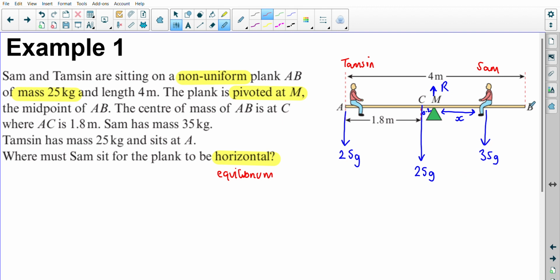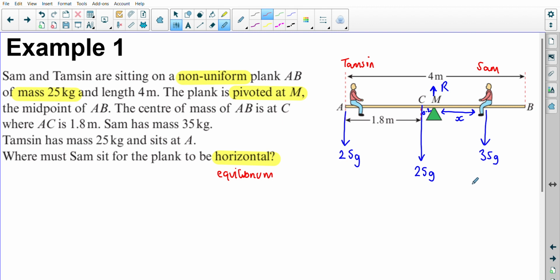Other students might have thought to take moments about B and think about the distance Sam has to sit from B. That will be possible, but you'll have to include R then, which, yes, you can find. So there's different methods sometimes, some more effective than others. If you were stuck, you can try taking forces first, then taking moments.